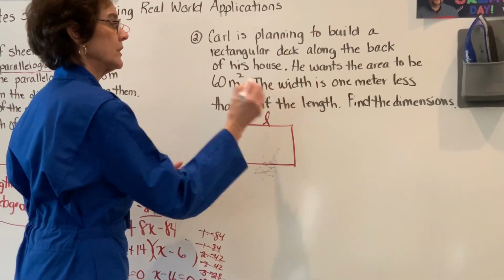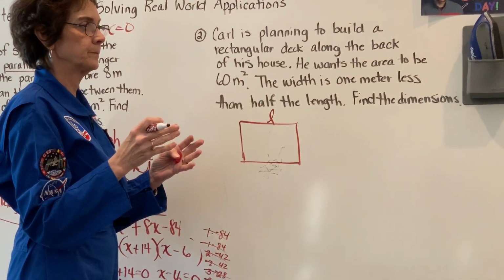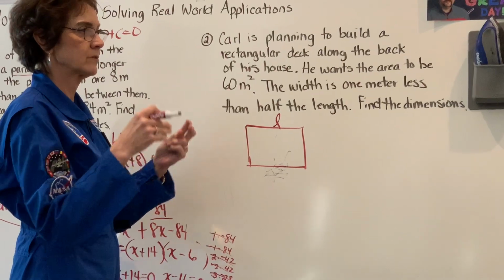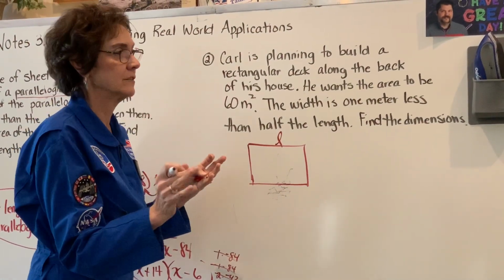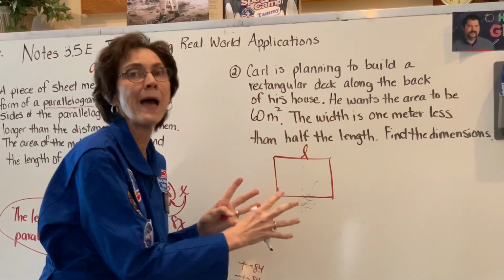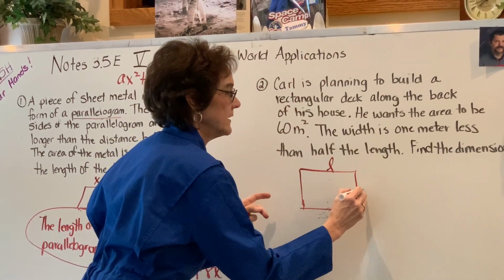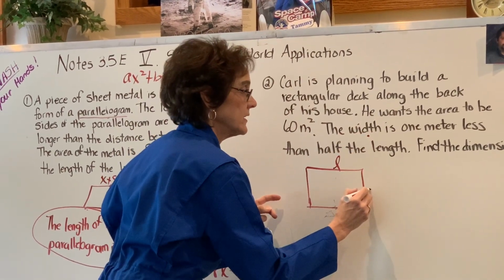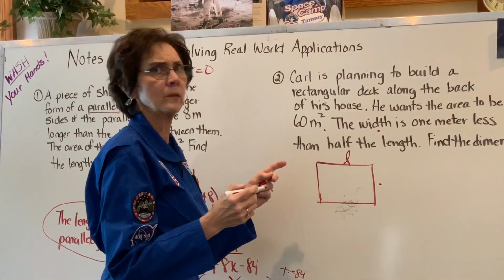So let's do that where we do automatic, like, what's the word I'm looking for? Translation. A translation from English words to math symbols. Okay, here we go. So the length, the width, that would be this side, is 1 meter less than what?